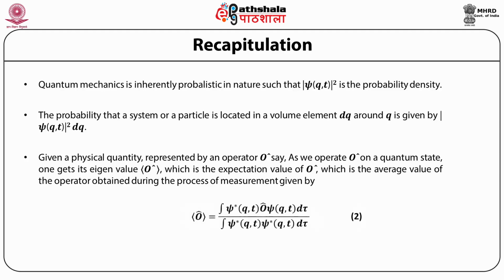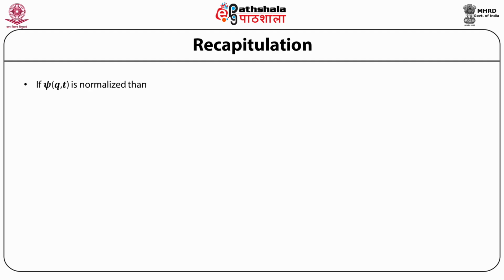The expectation value of O is equal to the integral of ψ*(q,t) O ψ(q,t) over the volume dτ divided by the integral of ψ*(q,t) ψ(q,t) over the volume of the coordinate space. If ψ(q,t) is normalized, then the integral of ψ*(q,t) ψ(q,t) over the volume space is equal to the integral of the modulus square of ψ(q,t) over the volume space, which is equal to 1.